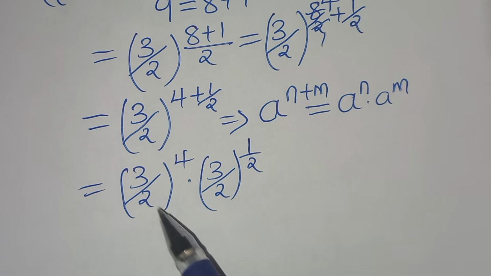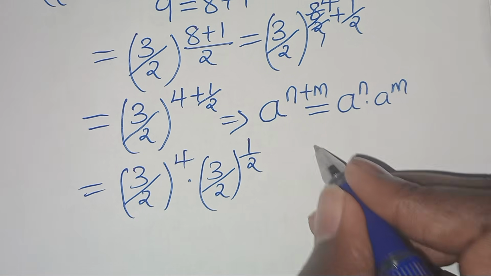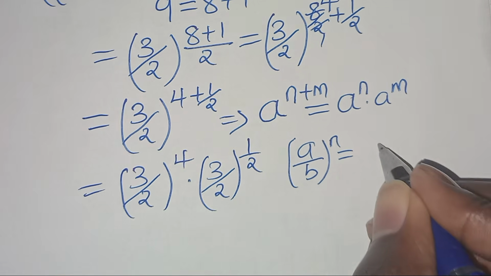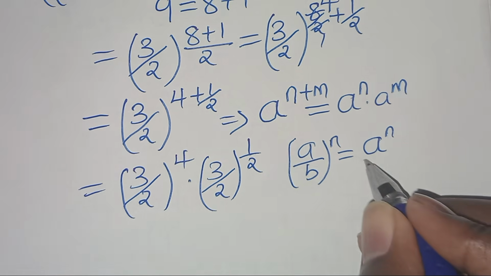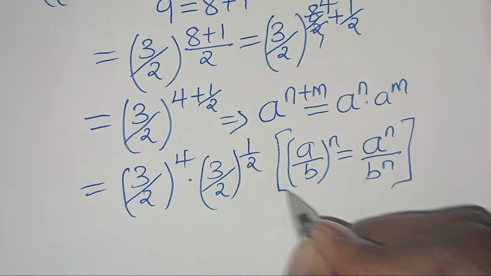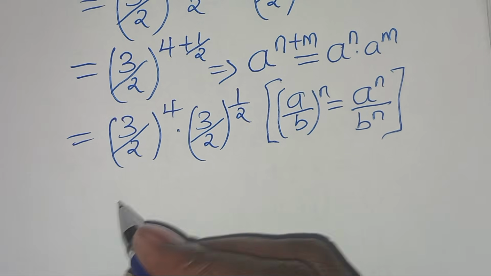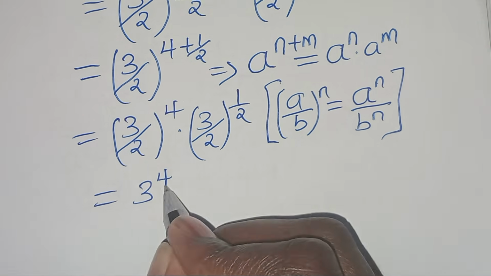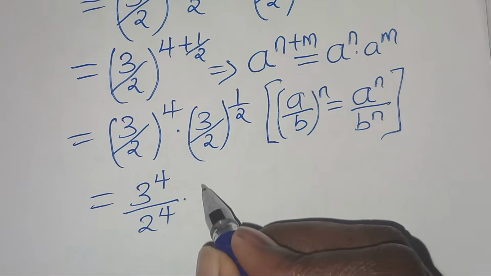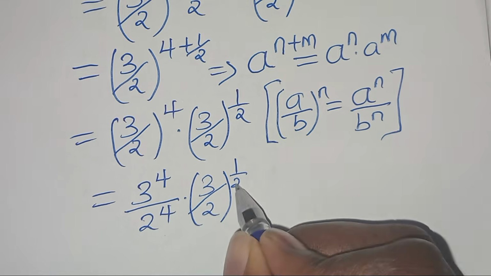Now, 3 over 2 raised to power 4 is in the form of a over b raised to power n, which we can express as a to the power of n over b to the power of n. So this is the same thing as 3 to power 4 over 2 to power 4 times 3 over 2 raised to power half.